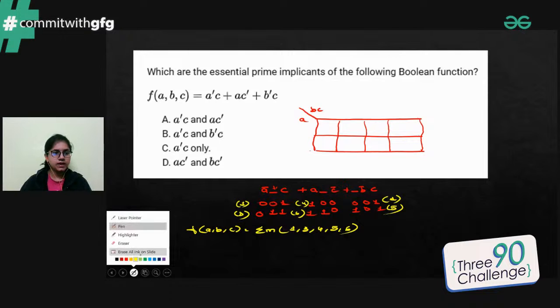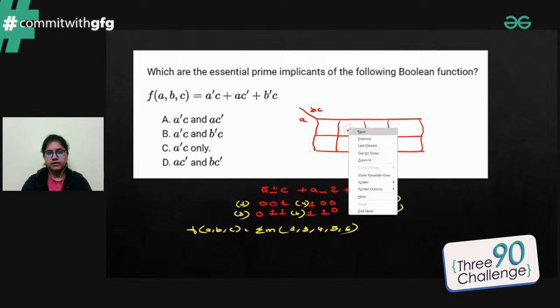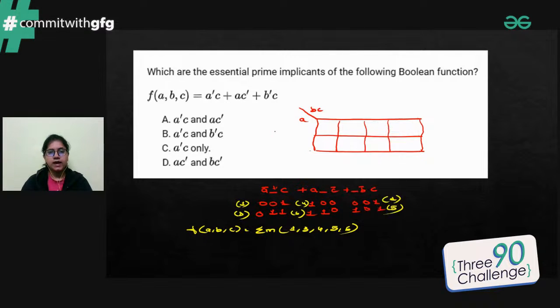So let's put the min term values in the K-map. You all know how to name the cell numbers. This is 0, this is 1, this is 0, 0, this is 0, 1, this is 1, 1, this is 1, 0. So this will be 0, 0, 0, the cell number is 0.